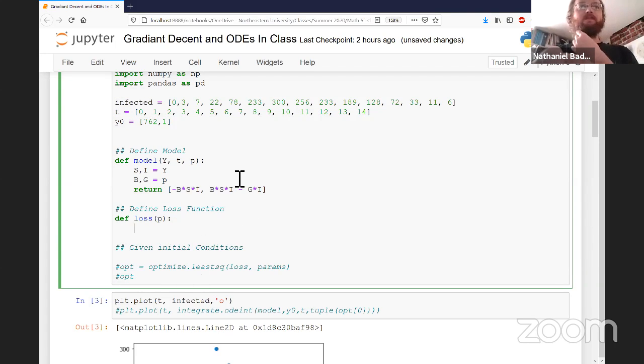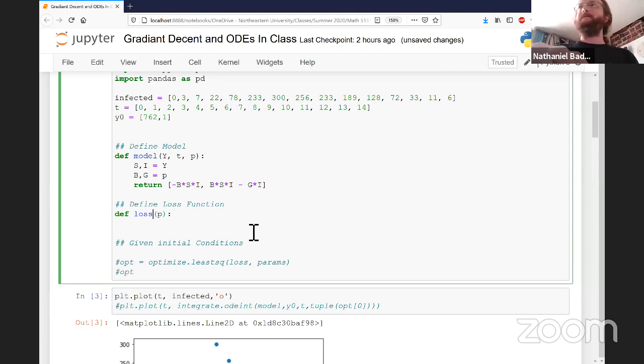Actually, I want the error rather than the loss, because what I want to return is the differences between our model and the data values. So optimize least squares will then square each one of those and sum them up for us.